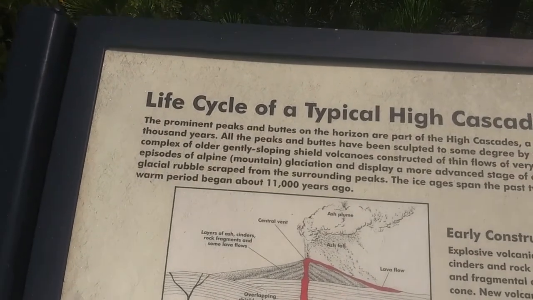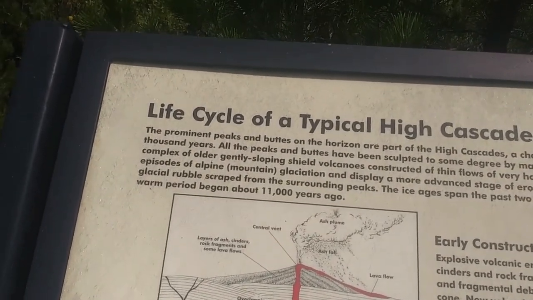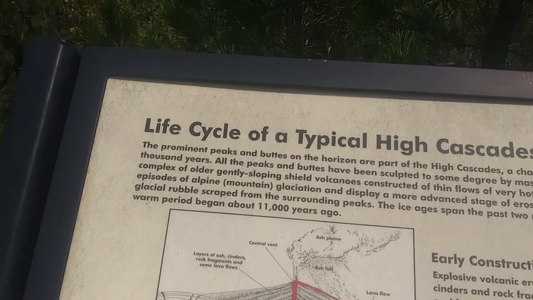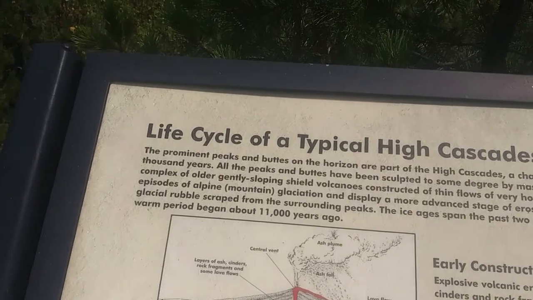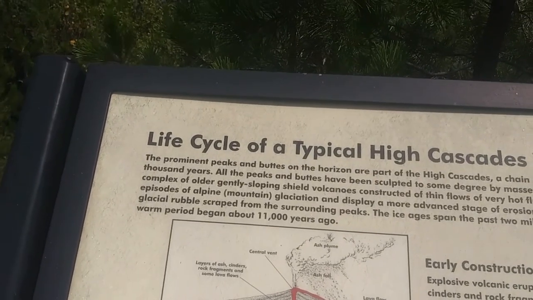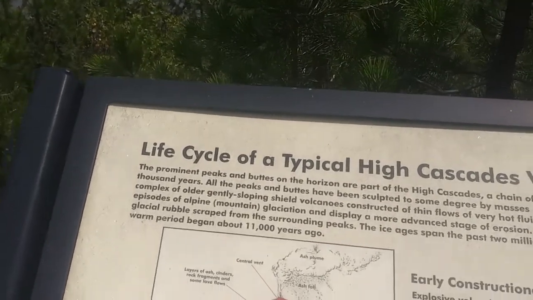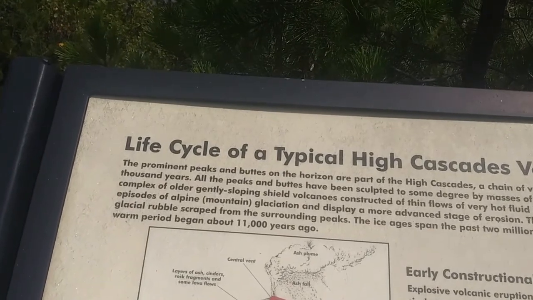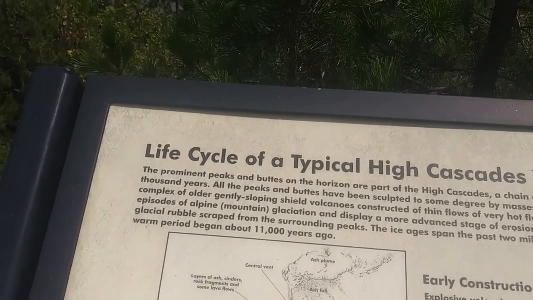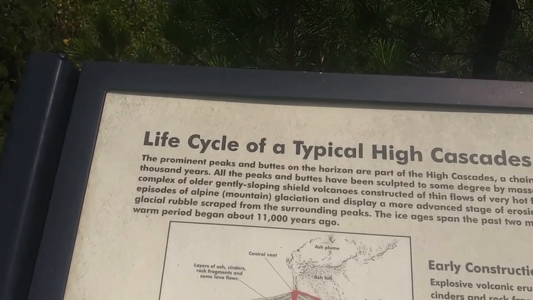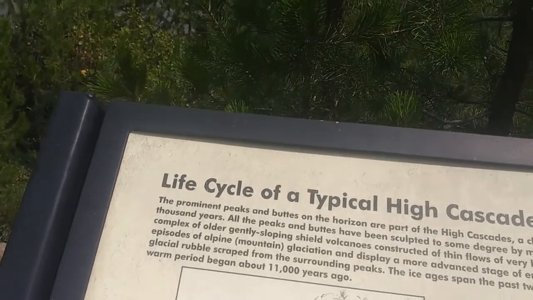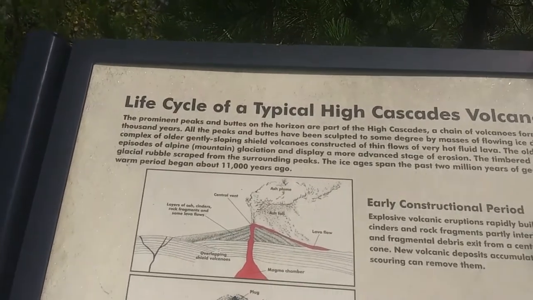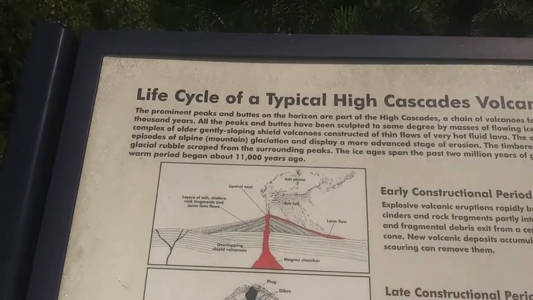Early constructional period. Explosive volcano eruptions rapidly built a steep-sided cone formed of ash, cinders, and rock fragments, partly interlayered with lava flows. The lava flows and fragmental debris exit from a central summit vent, forming a symmetrical cone. New volcanic deposits accumulate on the cone faster than glacial scouring can remove them. Late constructional period.